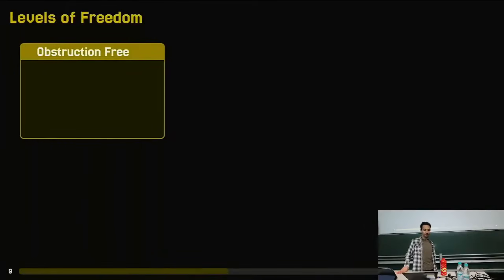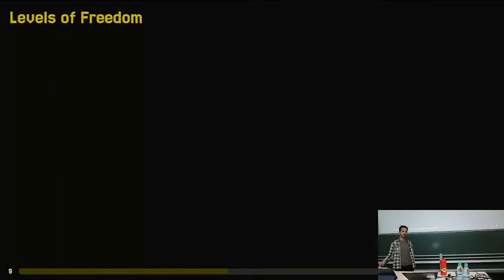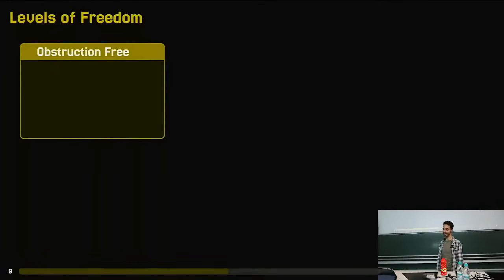Good. The cool thing about this lock-free design is that we can reason about different properties of it, and there are three important properties that we want to look at in some detail. Those are three levels of freeness.